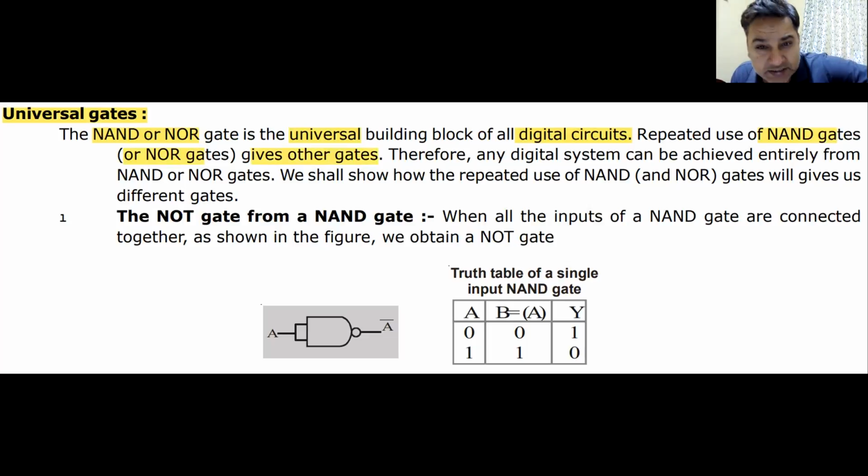Do we understand this? Yes, sir. We don't need an AND gate, we don't need an OR gate, we don't need a NOT gate. We only need 2 gates, which are the universal gates, NAND and NOR. Any digital system can be achieved entirely from NAND and NOR gates. Do we understand this? Yes, sir.